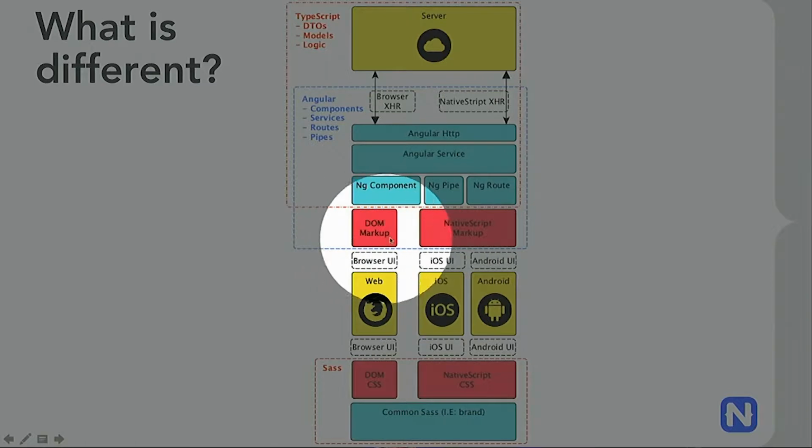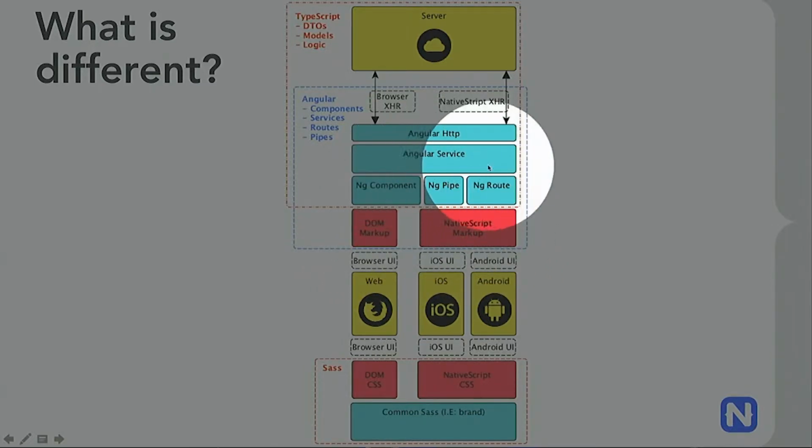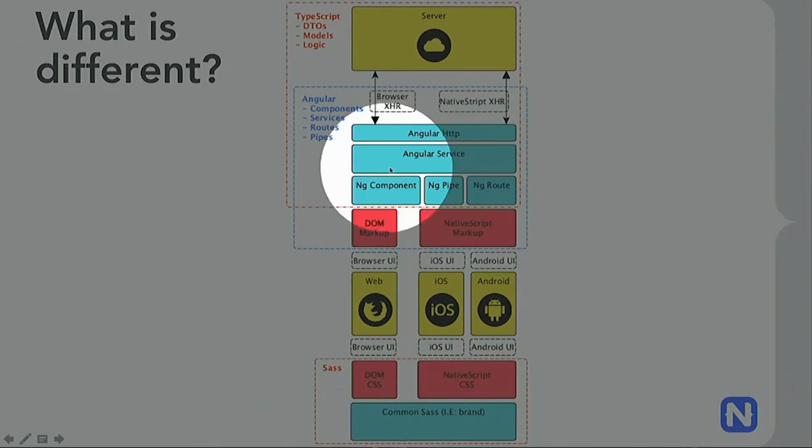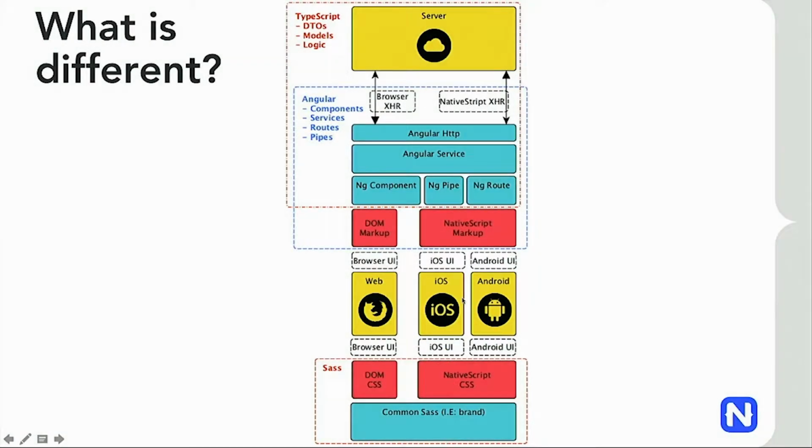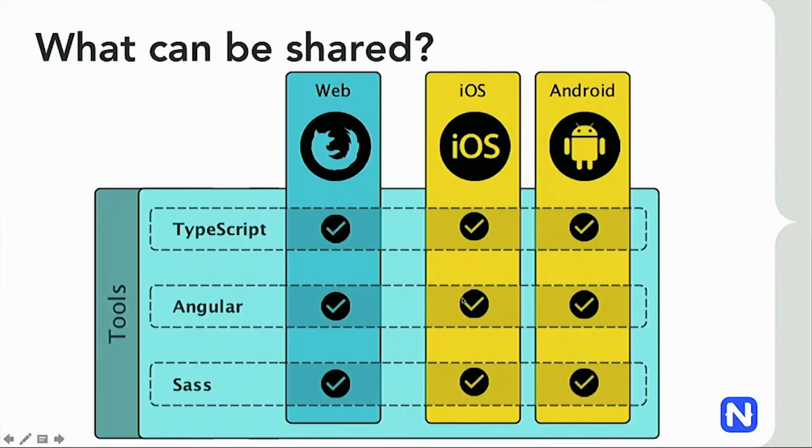Also, like I mentioned, the HTML is different, so they split. But all your HTTP components, Angular services, pipes, routes, they can work from the same thing. And as a result, you can get 3 different applications coming up, right? So we're really looking at anything that is pretty much TypeScript, pure Angular, or Sass. You can reuse that across all 3 of them, okay?